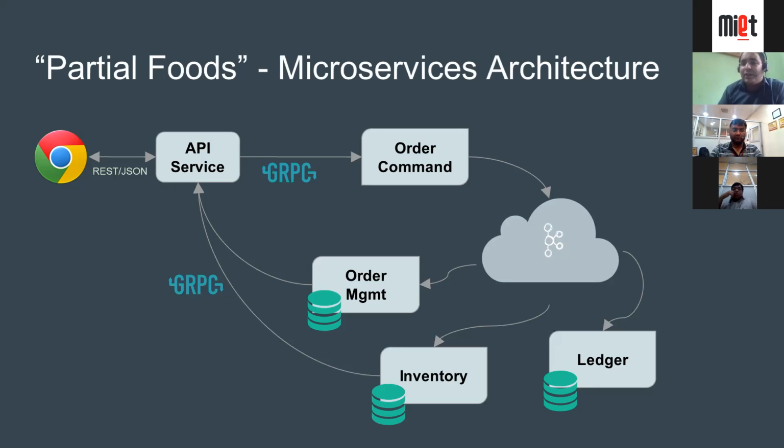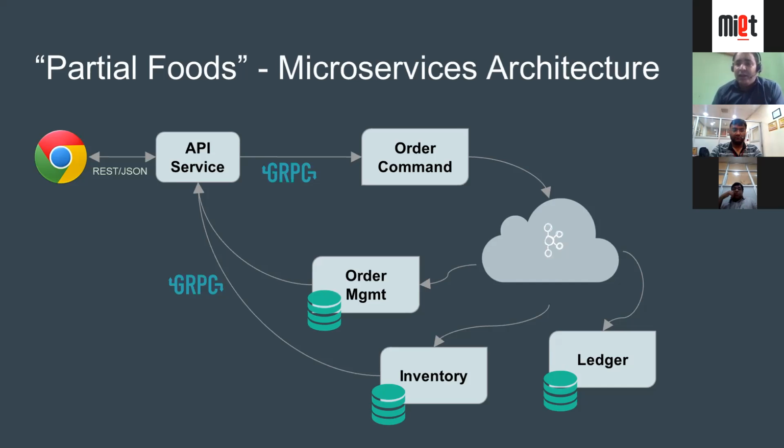The cloud is a kind of cloud database, and we have local databases with the services too. The ledger service has its local database, inventory has a local database, order management has a local database. The order command does not have any database because it accepts the order from the API service and places it to the cloud. So this is a basic microservice architecture.